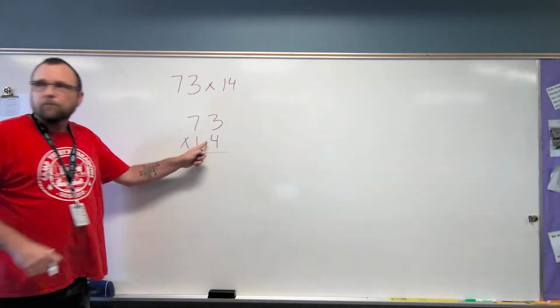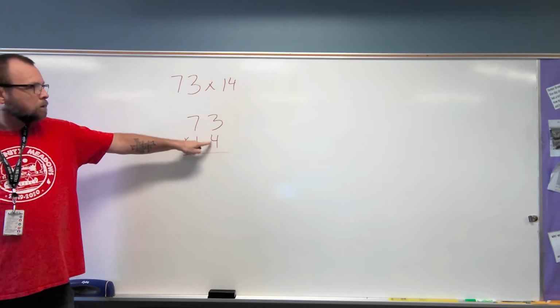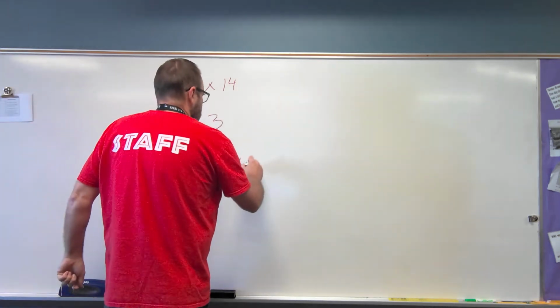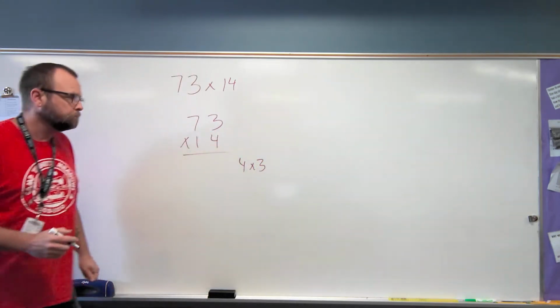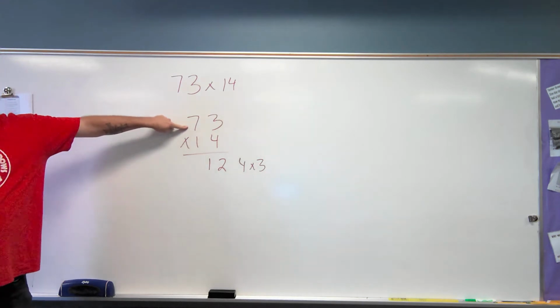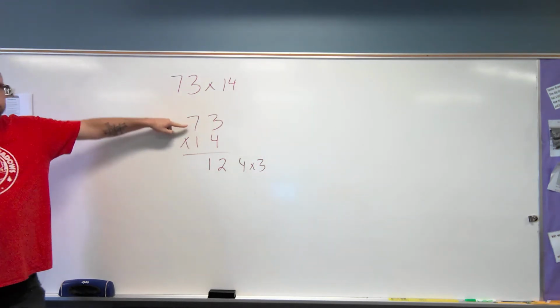So the first thing we're going to do here, I have 4 times 3, because they're both in the ones place. So I have 4 times 3, which is 12. Now this 7 is in the tens place. So what is 7 tens worth? 70.